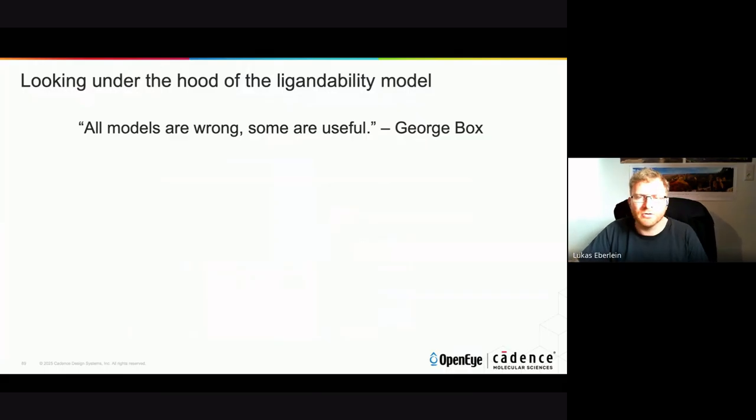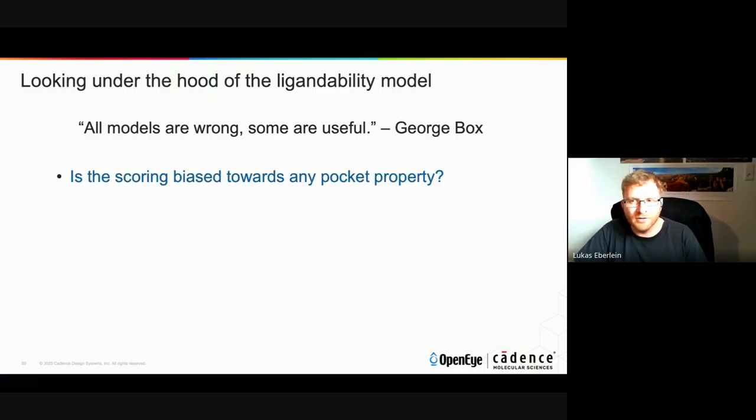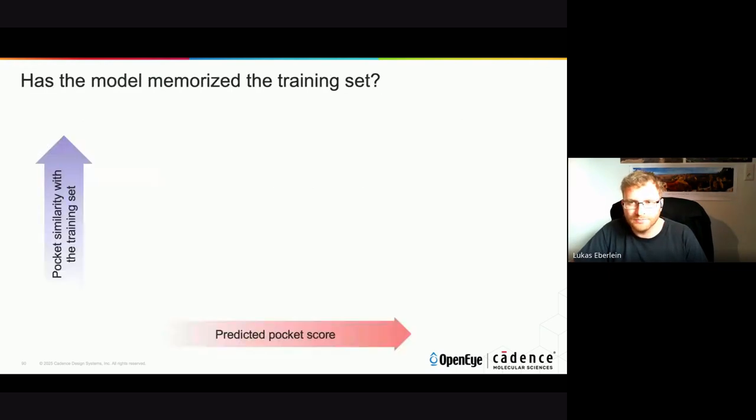Okay, now let's look under the hood of our ligandability model. I would like to remind you of this useful quote from George Box that says, all models are wrong, some models are useful. So we ask the question, are we biased towards any kind of pocket properties?